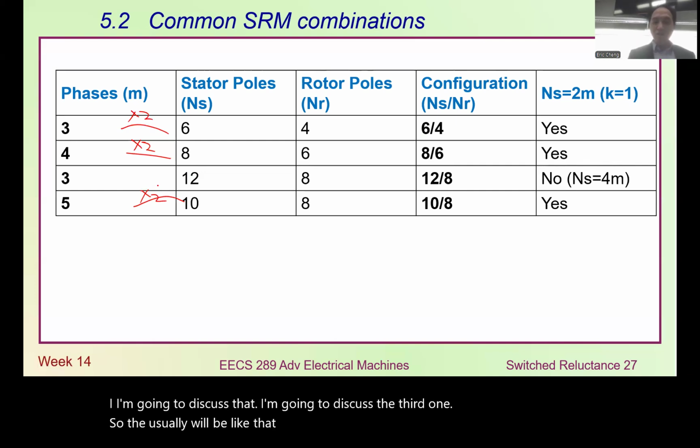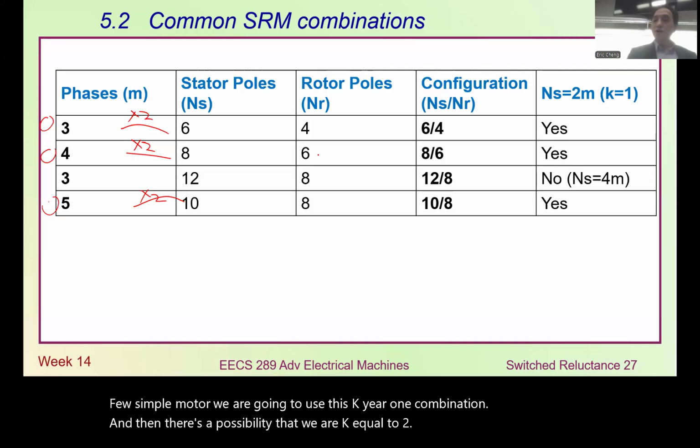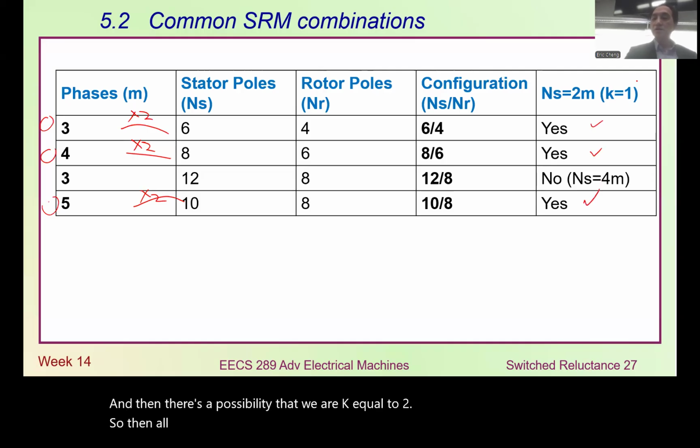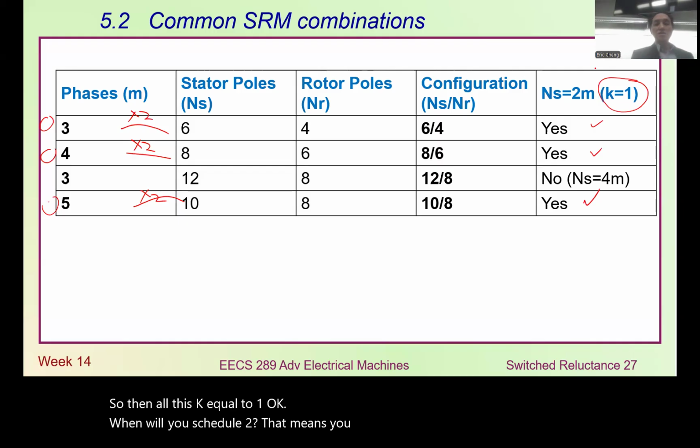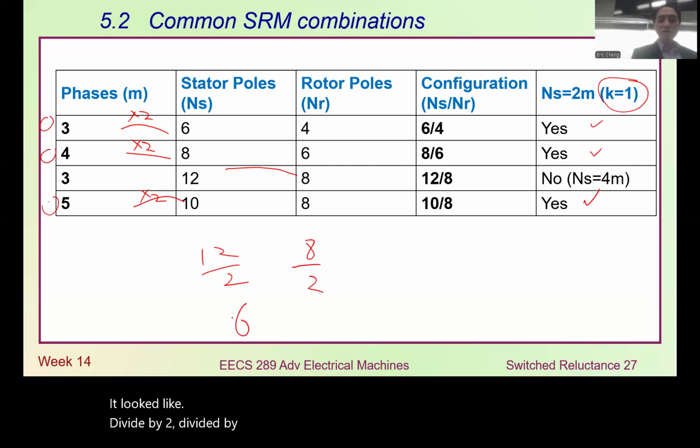So that is to say, for these few simple motors, we're going to use this K equal to 1 combination. And then there's a possibility that K equals 2. So all these are K equal to 1. When we use K equal to 2, you can see that for 12 and 8 here, divided by 2 equals 6-4.